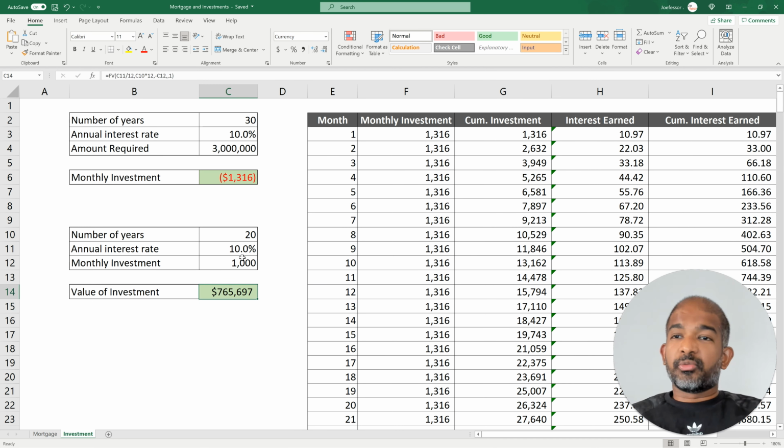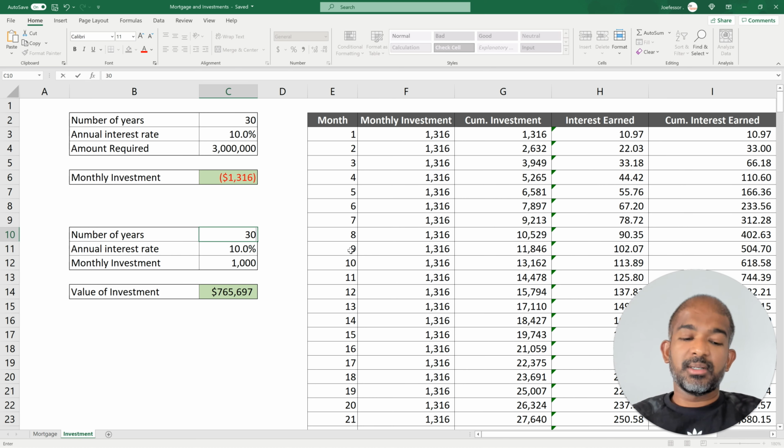So if you invest for 20 years with $1,000 every month and your investment grows at 10% every year, your investment at the end of 20 years is worth $765,697.